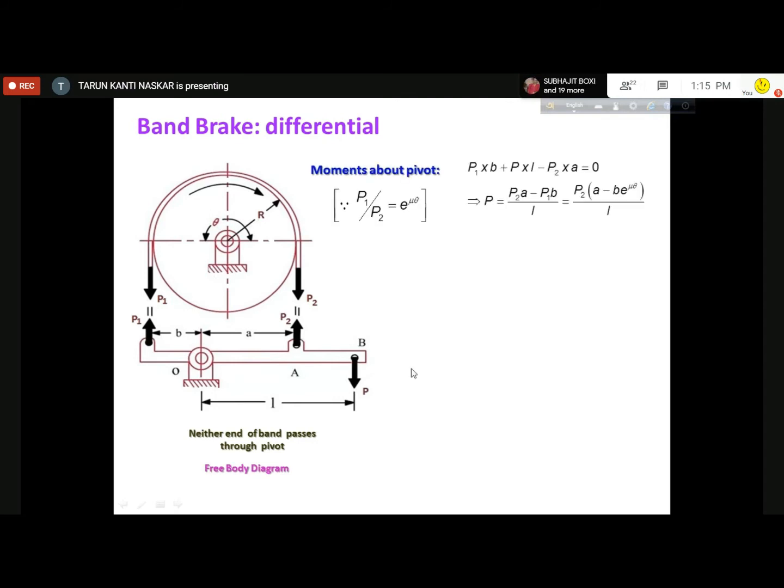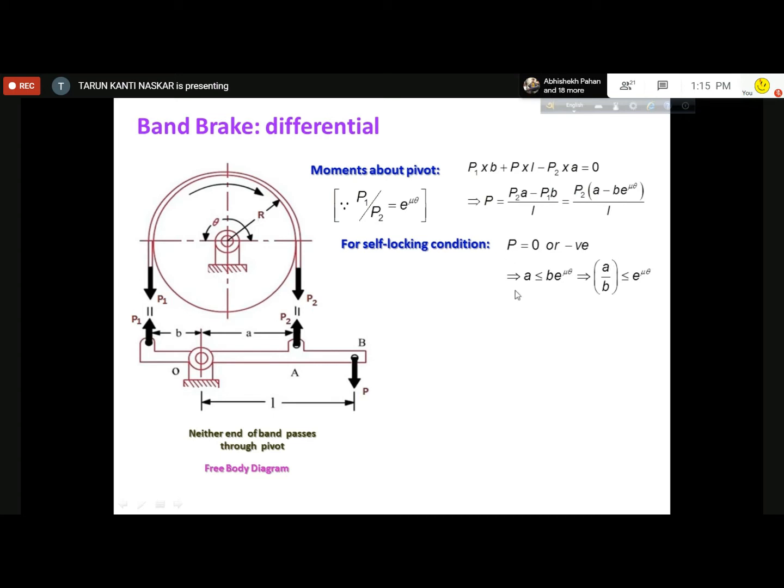Now moments about the pivot. So P1 multiplied by B equals P multiplied by L minus P2 multiplied by A equals 0, and from this P is equal to this. So there is a minus sign. This minus sign gives you the term differential. So there will be a self-locking condition when P is 0 or negative.